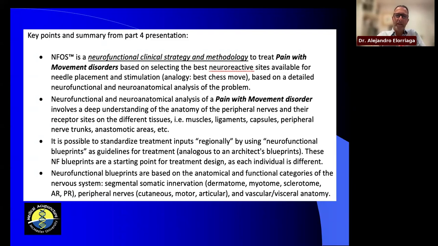And for that, we need to truly understand the problems from these dimensions: neurofunctional, neurometabolic, neuroanatomical. And this neurofunctional and neuroanatomical analysis definitely involves a deep understanding of the organization of the peripheral nervous system, both anatomical and functional, and the distribution of the nervous system, sensory and motor.